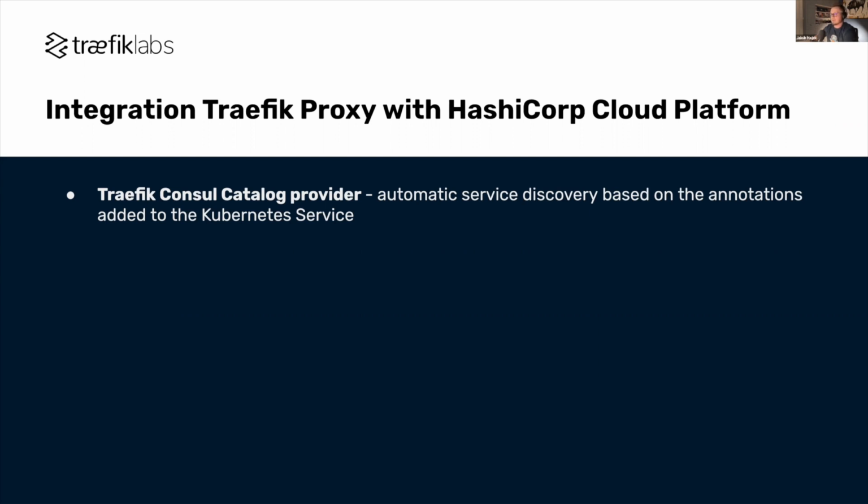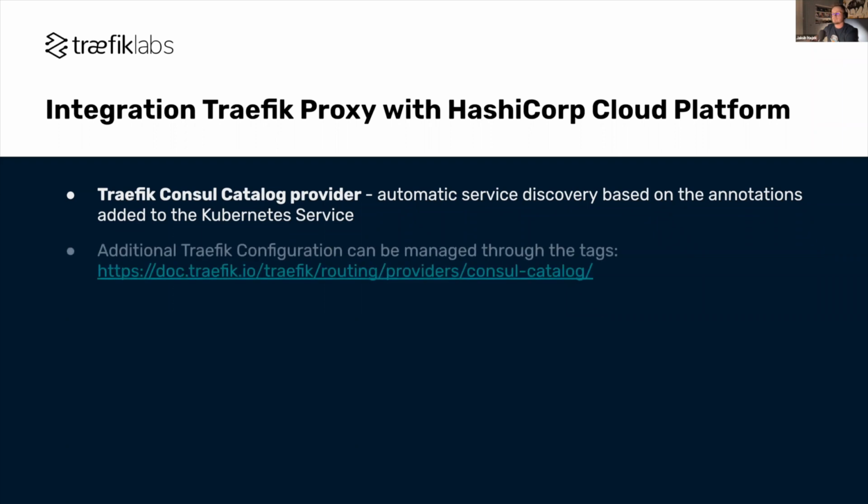If you already have some applications using the Consul catalog, you can use Traefik to expose them to the internet. It's a nice feature if you already have infrastructure that is using the Consul catalog.